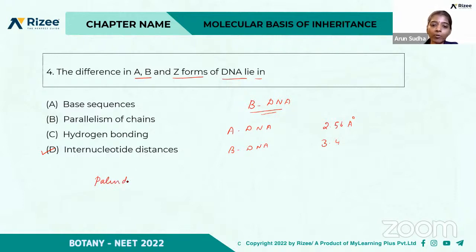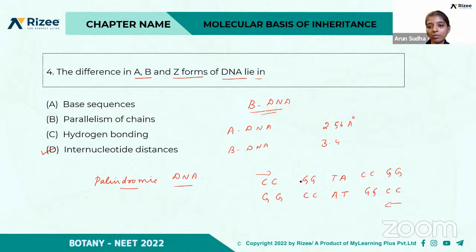Also, some DNA exist in the palindromic form. What do you mean by palindromic DNA? That is, if you read from both the 5' to 3' directions, the sequence will be the same. For example, C, G, A, T in this direction, and here it will be G, C, A, T. If you read from the opposite ends, the sequence will be the same.